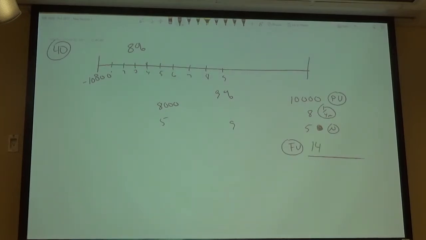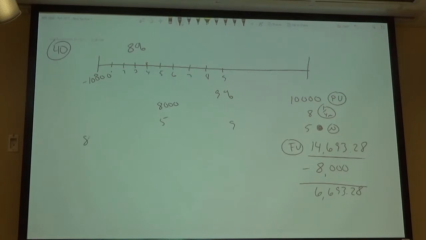You should get 14,693.28. We subtract out 8,000 from that. We get 6,693.28.